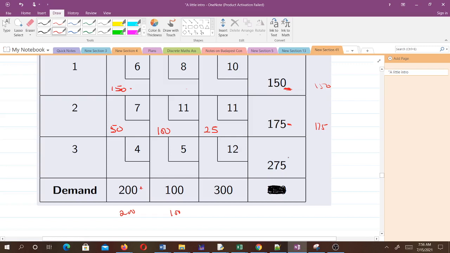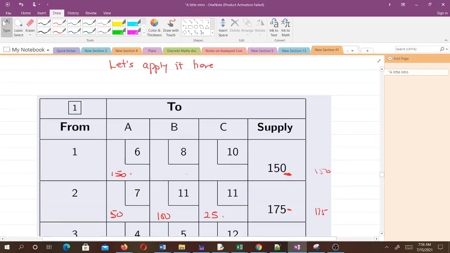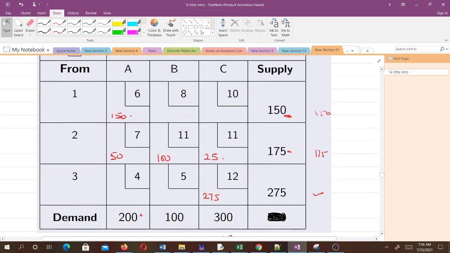We haven't supplied any, so we put all the 275 here. When you put it here, you realize that this is also satisfied since we have supplied all the 275, and 25 plus 275 is 300. So this is also satisfied. Using the northwest corner method, this is how we get the initial basic feasible solution.